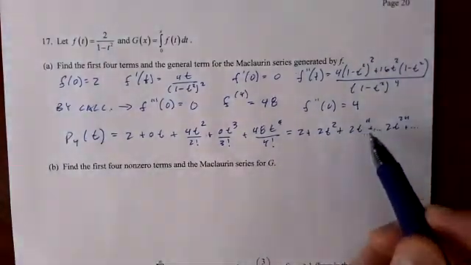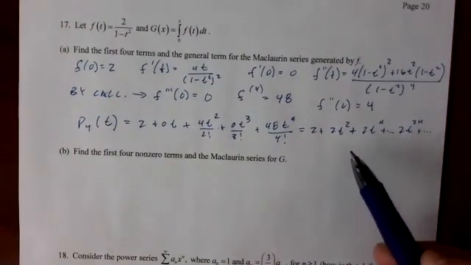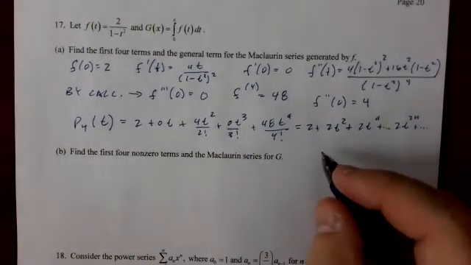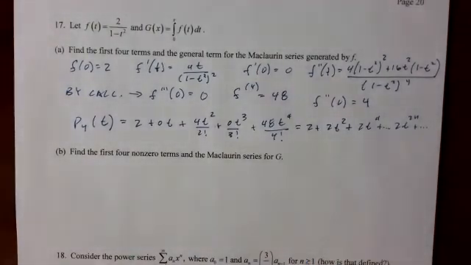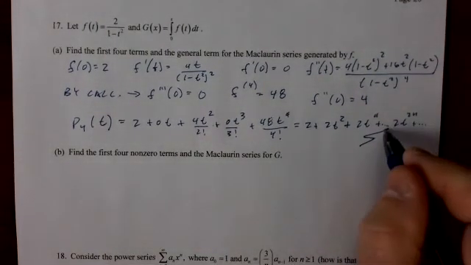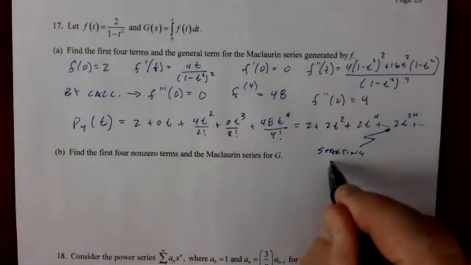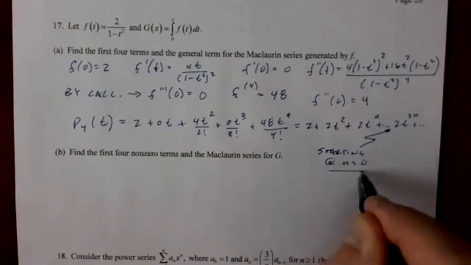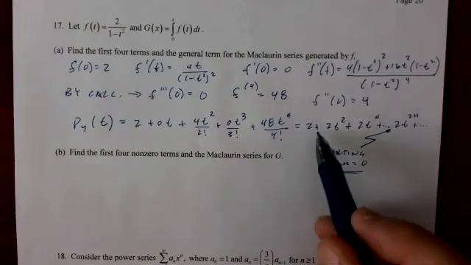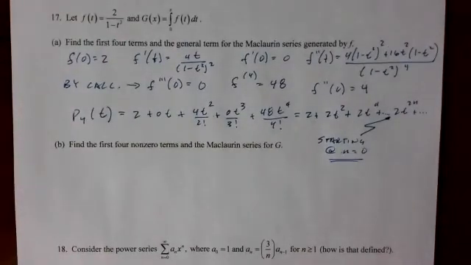Now starting at n equals 0: 0, 1, 2. Yeah, that works. Wow, that's some serious math, huh?